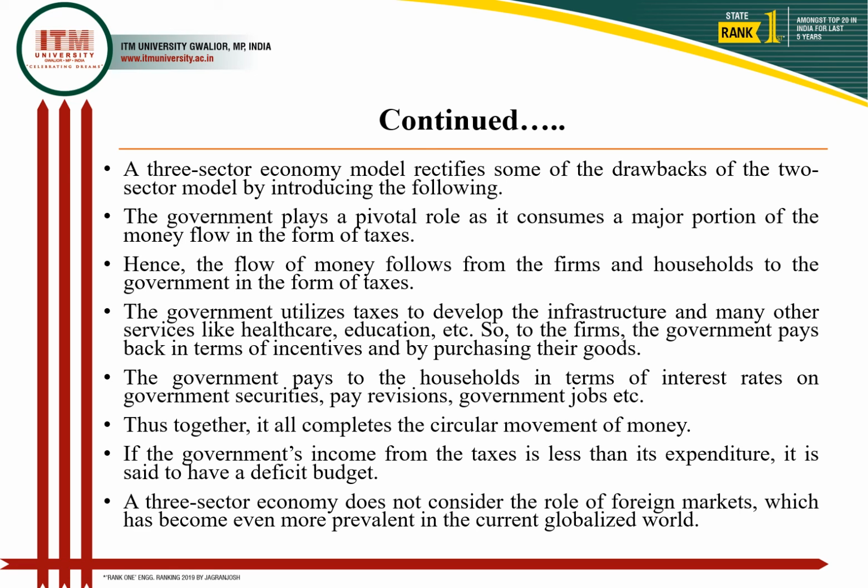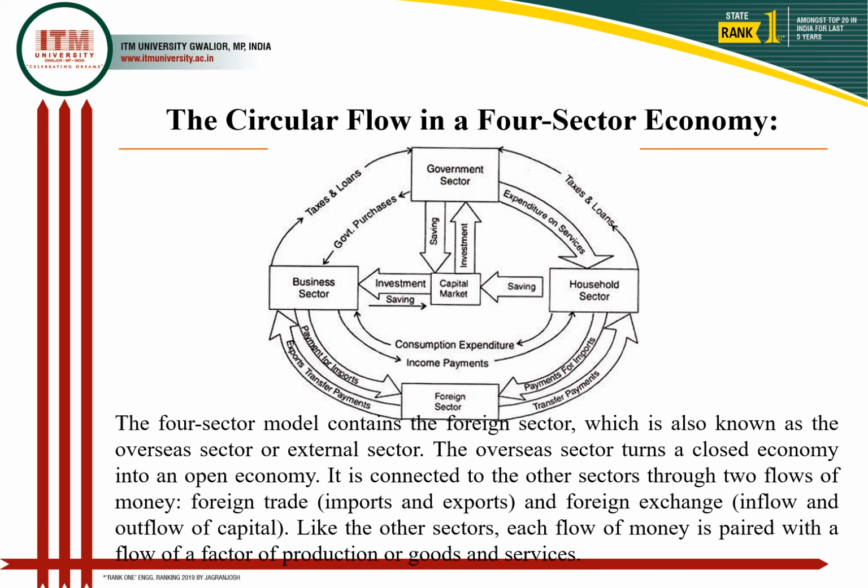So it resulted in the need for a fourth sector, the foreign sector. So we are going to discuss the circular flow of income in the four-sector economy, and how it is influenced by the foreign sector.